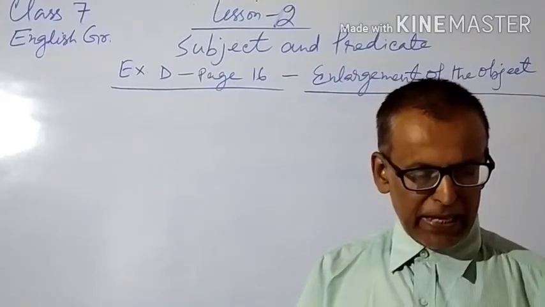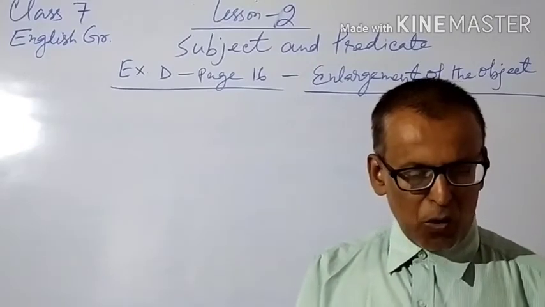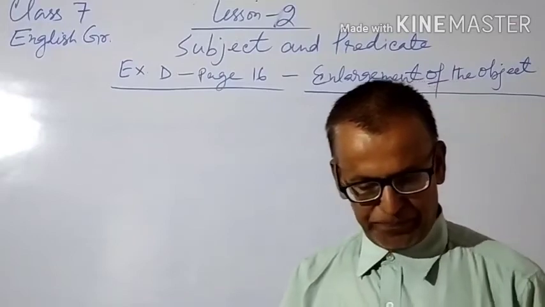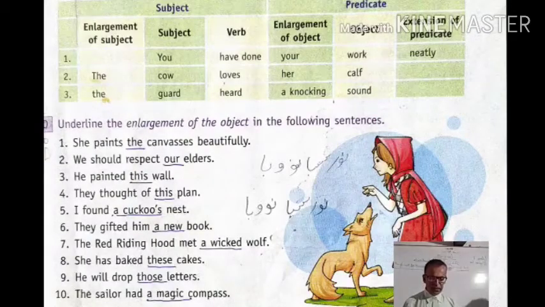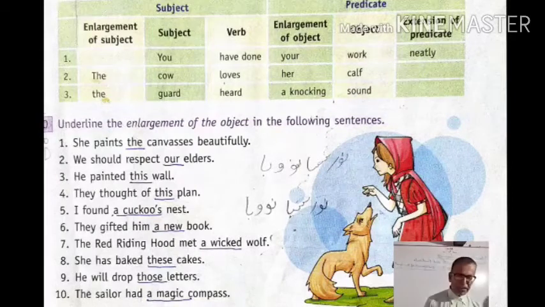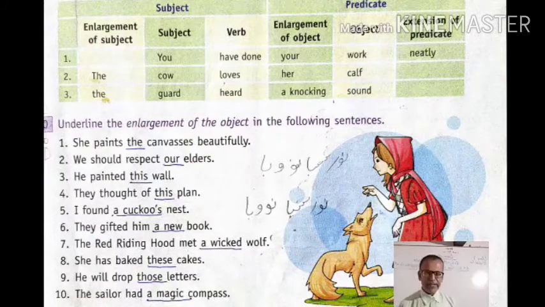So in this video we will see what the different parts are. Now we will see the different aspects of a sentence under the heads of enlargement of subject, verb, enlargement of object, and extension of the predicate. So we start with the example part.